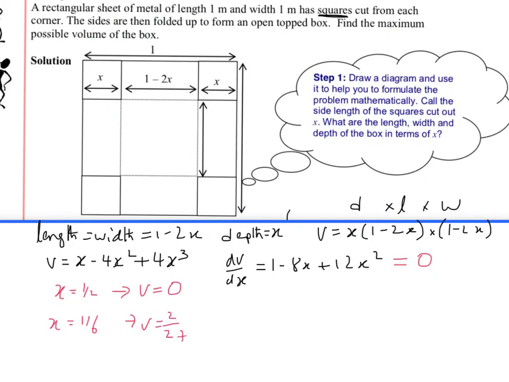In this case, the 2 over 27 must be the maximum value, and so therefore the maximum volume equals 2 over 27. We should also put the units down when we look at lengths, areas and volumes, and we're working in meters, therefore it's meters cubed.